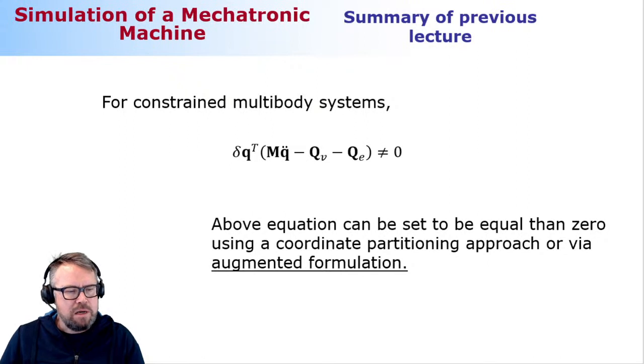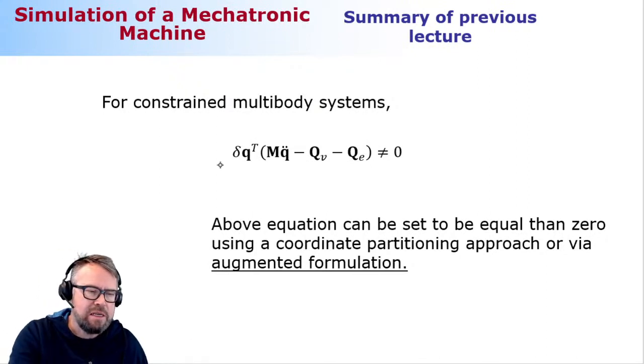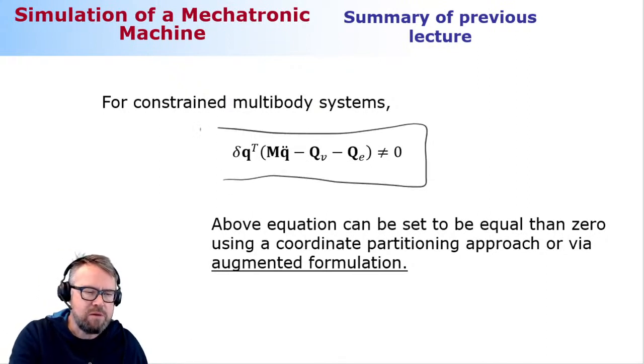Last week we concluded that the virtual work done by external applied forces and the virtual work done by inertia forces cannot, in the general case, be set equal to 0. Why is that? If you do so, this is how the equation looks.